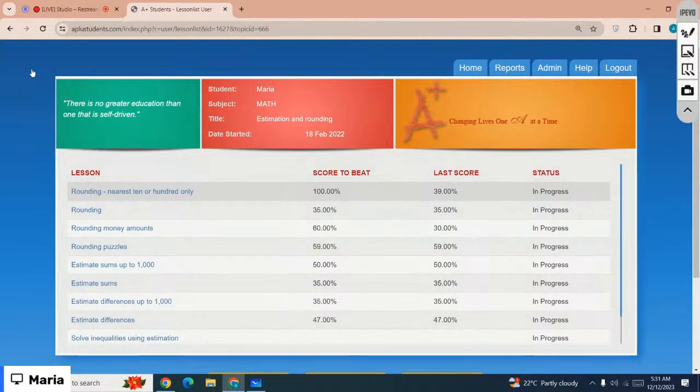The next one is rounding puzzles. Let's just start with the next lesson.